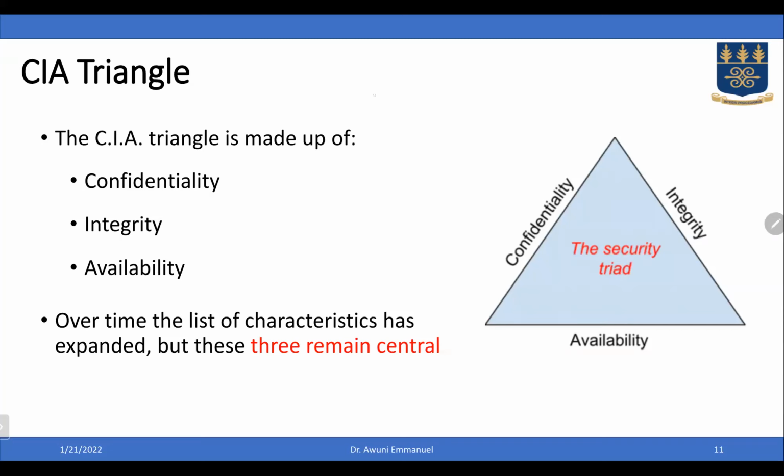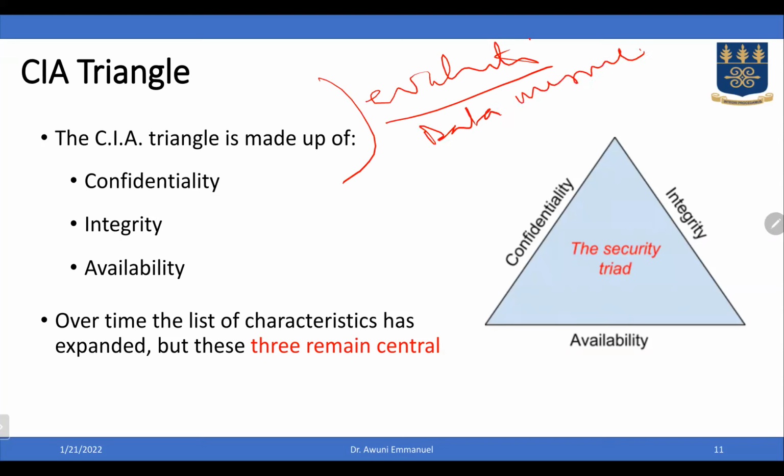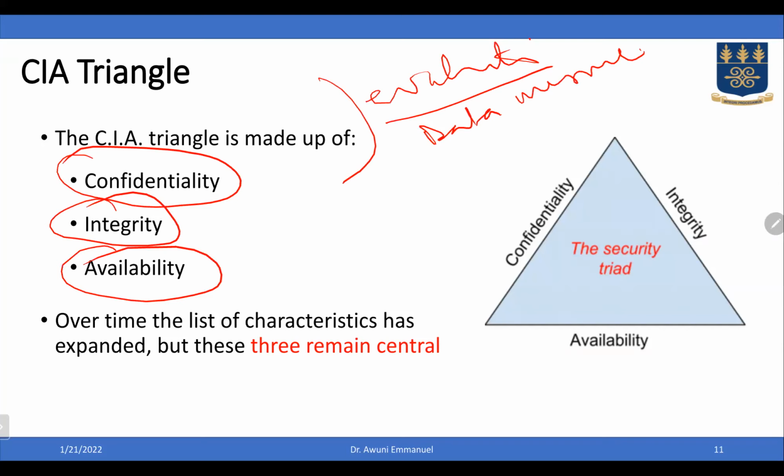When the evolution of computers came, especially when we began to generate massive data sets, the focus was more on confidentiality, integrity, and availability. And like I said, confidentiality is where whatever information and data there is, is made available to legitimate users, those who are supposed to have access to it.